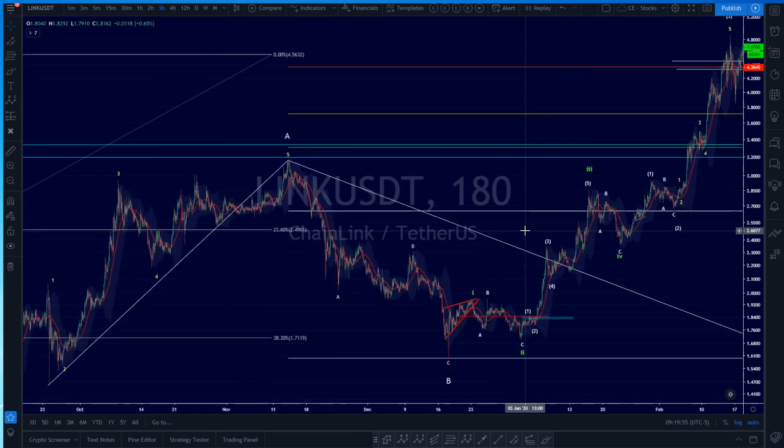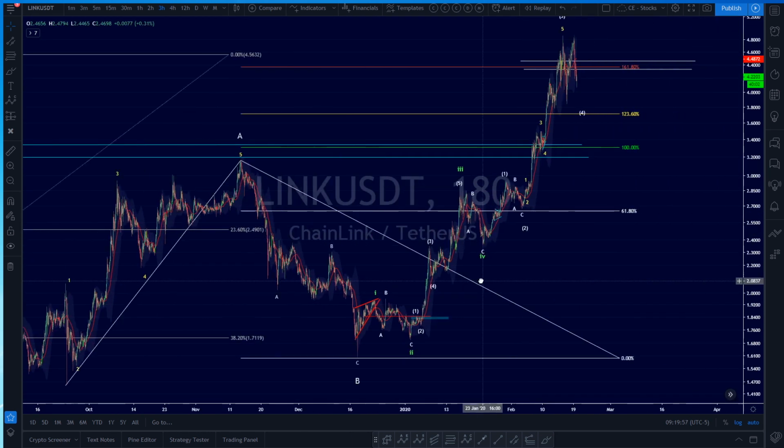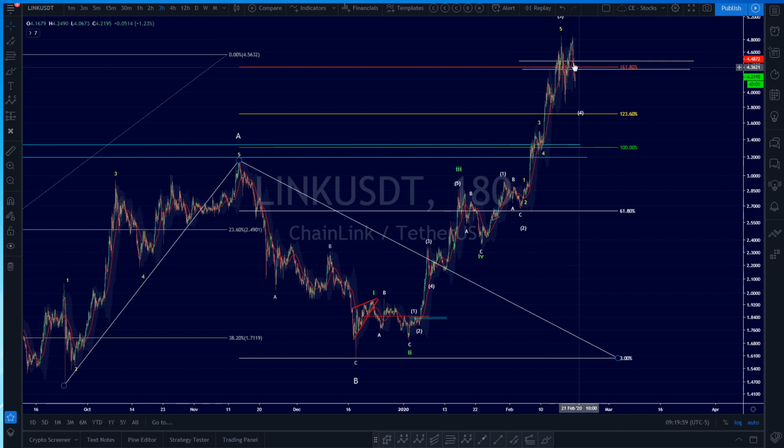Let me pull myself back out here. We flew through that, and then we hit our wave 3 target, which is the 1618, and we flew through that also. We went all the way up to almost $5, to like 4.87 or something like that.